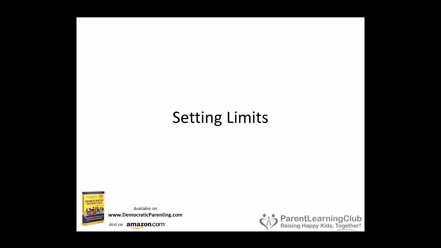Setting limits, setting kind limits specifically, is a democratic parenting method. And this meets a variety of needs. It meets their needs specifically for safety and security because we set limits that keep them safe from the world and also safe from themselves and from making mistakes. It also meets the needs for autonomy because we can set specific limits within which they can explore their autonomy.